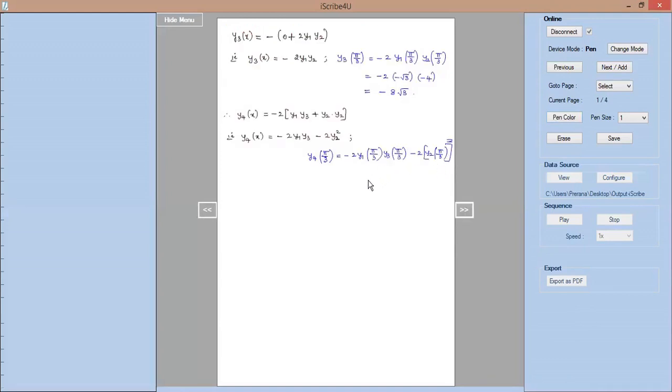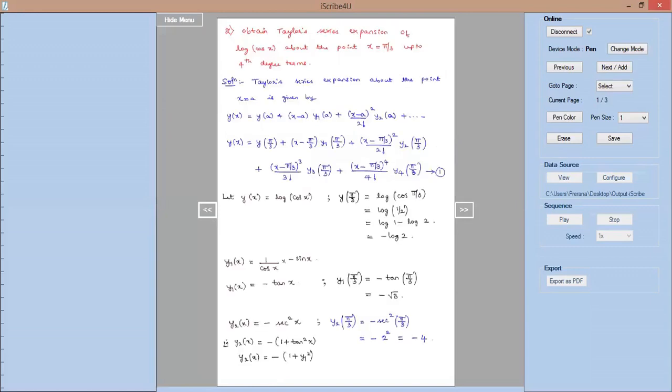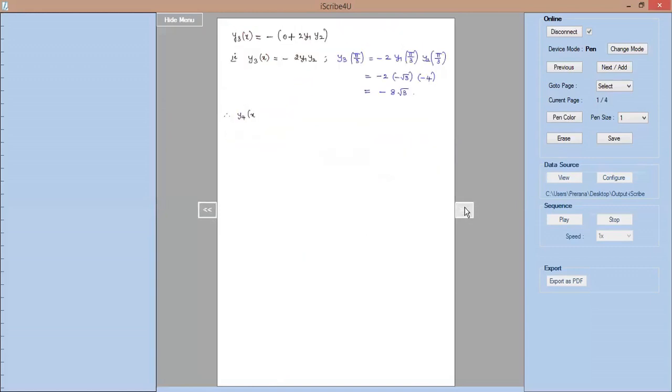So let us substitute all the values to obtain y4. So we have minus 2 into y1 of pi by 3, which is minus root 3, into y3 of pi by 3, the previous value we obtained, minus 8 root 3, minus 2 into y2 of pi by 3, which we have obtained already as minus 4. So it is minus 4 whole square.